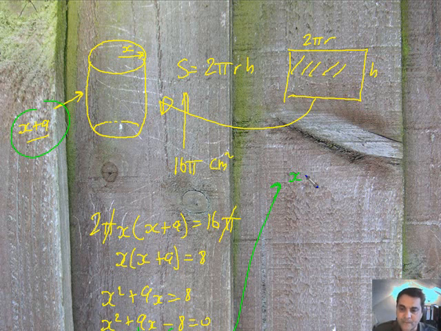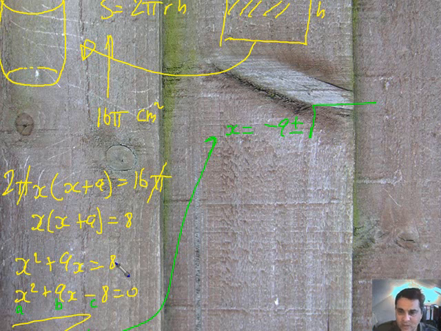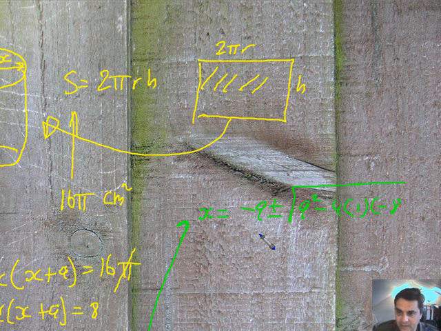But let's just set up the equation. So x is going to be minus b, which is minus 9, plus or minus the square root of b squared, which is 9 squared, minus 4 lots of a, which is 4 lots of 1, there's only 1 x squared, multiplied by c, which is negative 8, divided by 2 lots of a, which is 2 times 1.